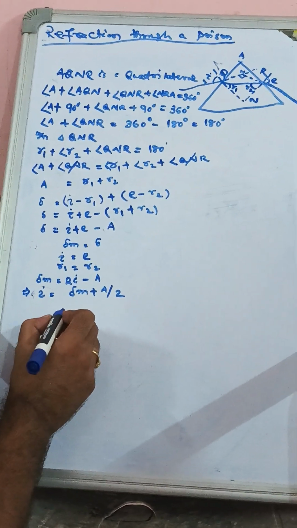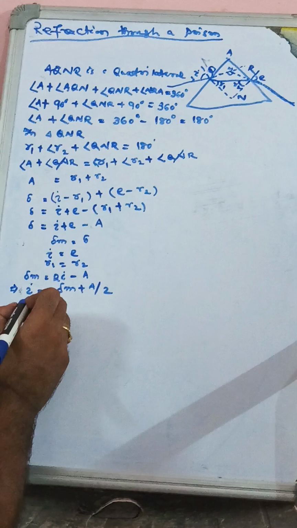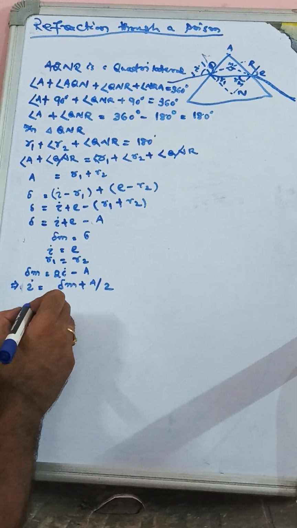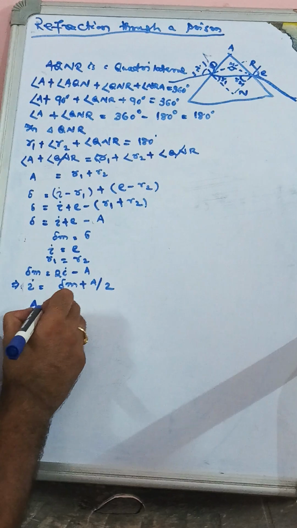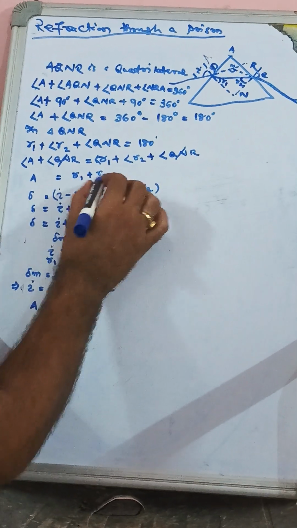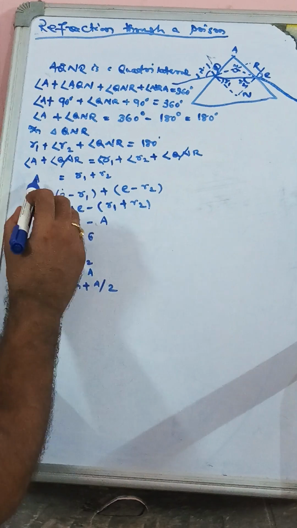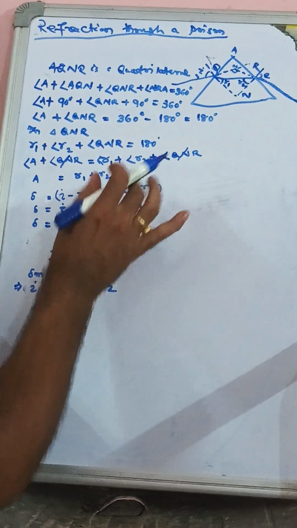Then A is equal to R1 plus R2, and R1 is equal to R2. So A is equal to R1 plus R1, 2R1. That is A is equal to R1 plus R2.